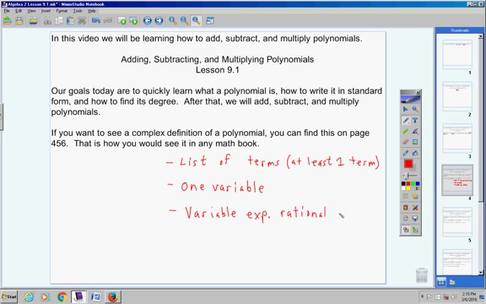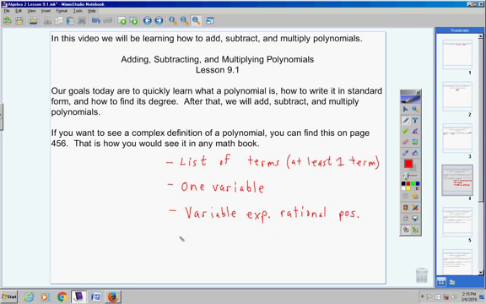And positive. No, that's incorrect. Yeah, that's right. Rational and positive. Okay? The variable exponents have to be rational and they have to be positive. That's really important.